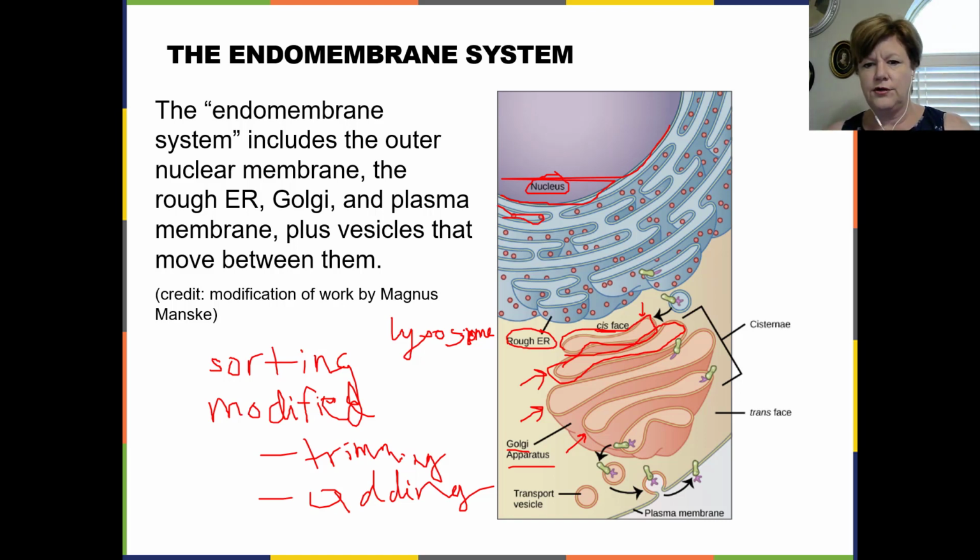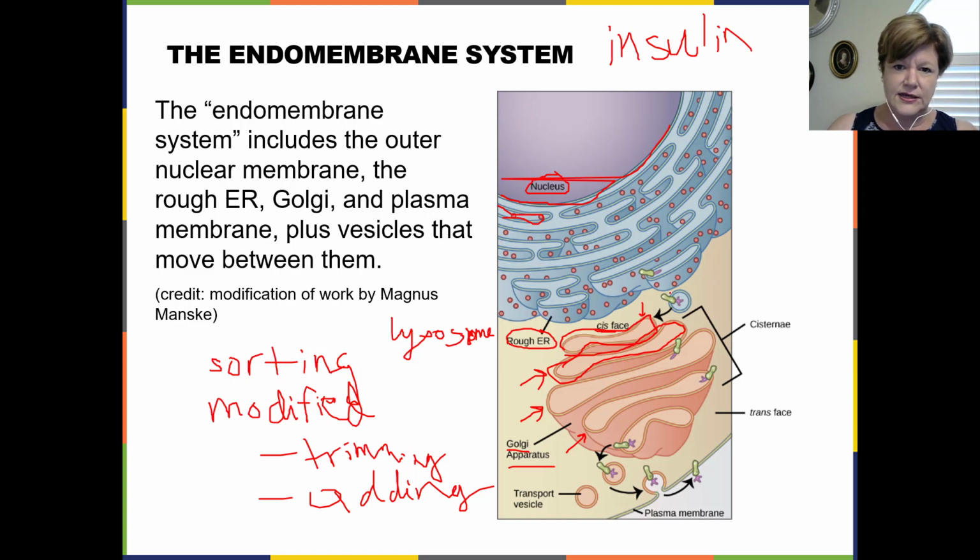Some vesicles will fuse to the plasma membrane to release the contents of the vesicle out. There are some things the cell makes inside the cell that need to be released, such as insulin. Insulin is a protein that's made inside a cell, in your pancreas cells.